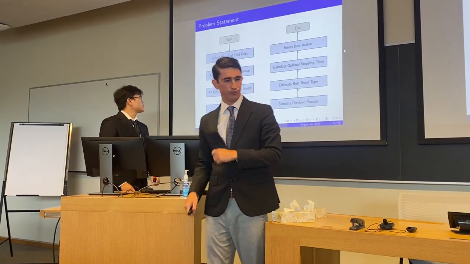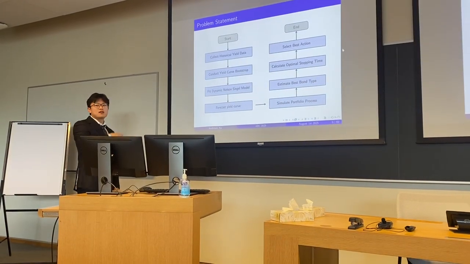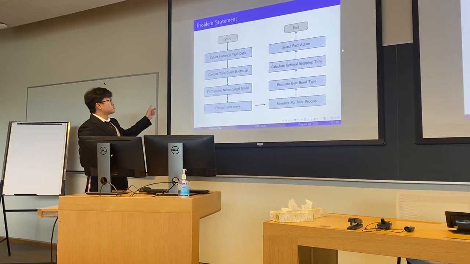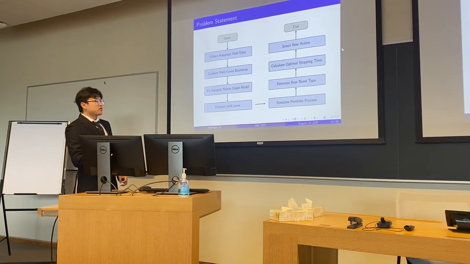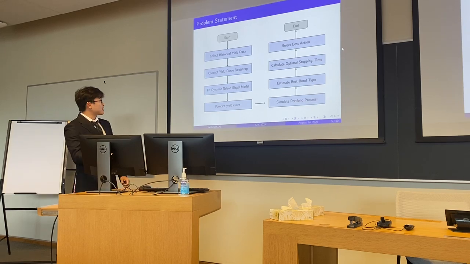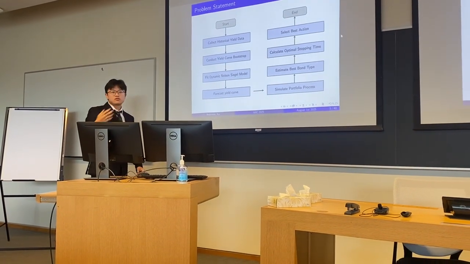Okay, so now I will introduce the entire procedure, how we implement the entire algorithm. At first, we should collect the historical data from the Fed. The Fed publishes yield data every day, so we can extract them. Then we conduct a yield curve bootstrap.